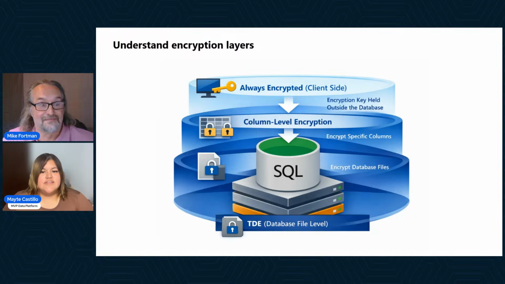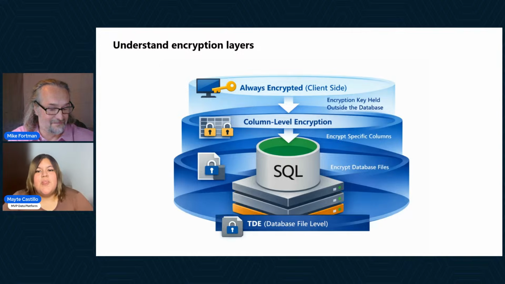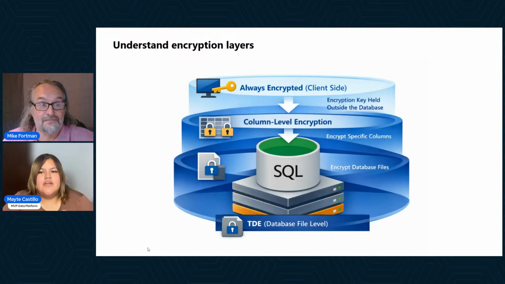The second layer is column level encryption. Here we protect only specific fields, such as credit card numbers, identification numbers, or financial information. Encryption and decryption are performed inside the database engine using keys, certificates, and T-SQL functions.